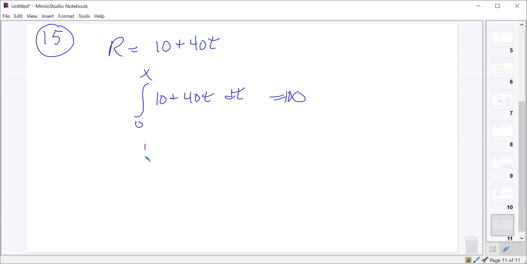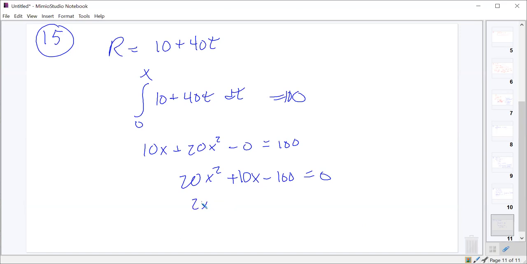Our integral should be 10x plus 20t squared, so 20x squared minus 0 equals 100. And we should just then be solving 20x squared plus 10x minus 100 equals 0. We could divide a 10 out of all of that: 2x squared plus x minus 10 equals 0.